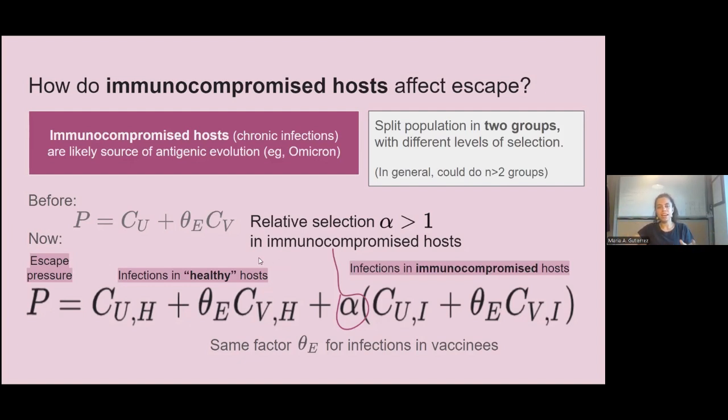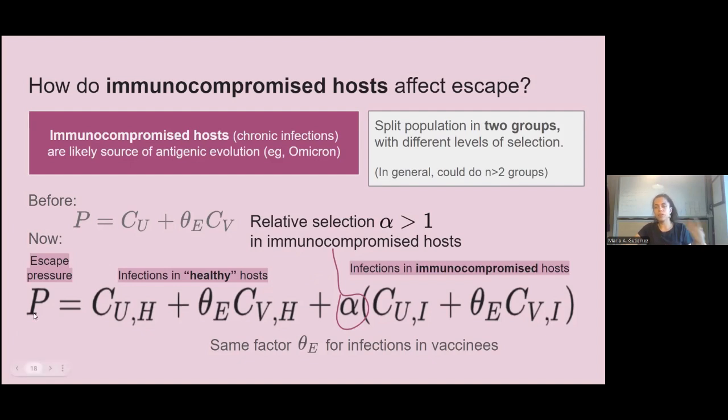But the key idea here is that I introduce another factor that I'm calling alpha, and that's the relative selection in immunocompromised hosts. So alpha is greater than 1. That means an infection in an immunocompromised host is alpha times more likely to generate an escape strain compared to infection in a healthy host.